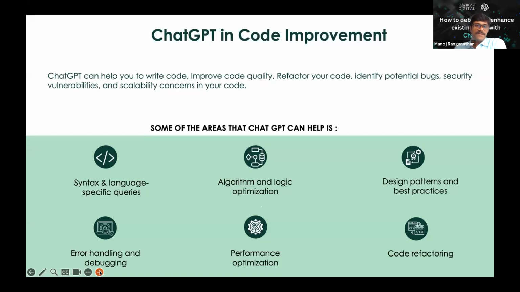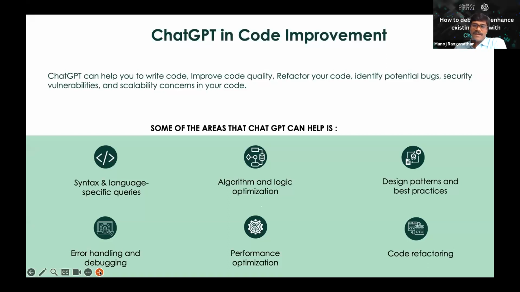To begin with, syntax and language-specific queries. ChatGPT can help you write a piece of code by giving the right syntax for the language you are interested in, and help in identifying and resolving errors or issues with the syntax of a particular programming language. It can provide guidance on correct syntax usage and highlight any potential mistakes in your code.